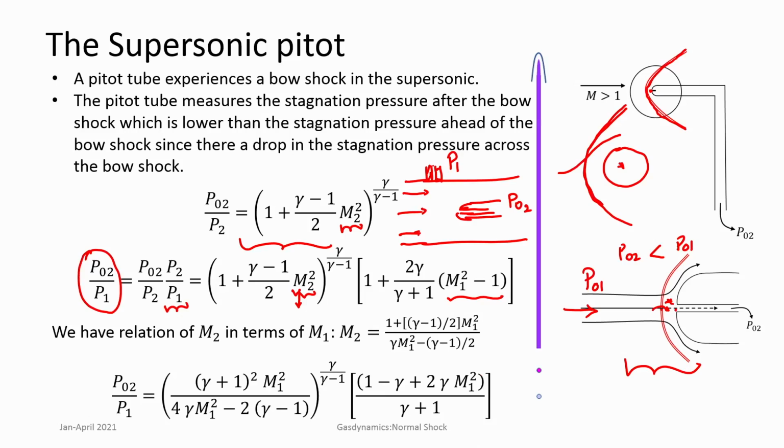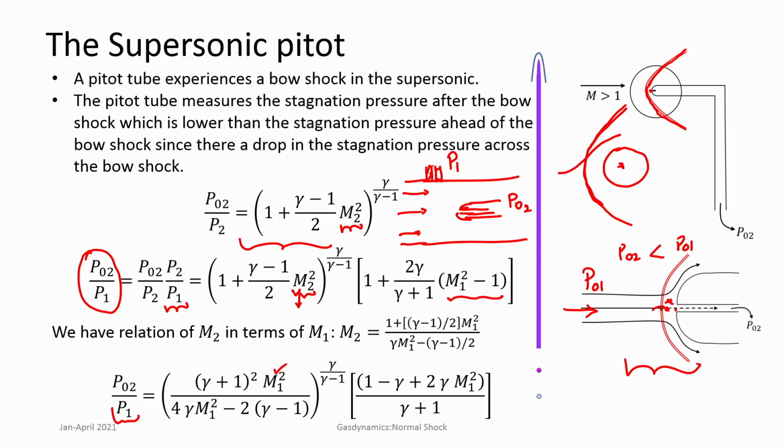This is known as Rayleigh's Pitot formula, and this formula is generally given in normal shock tables along with all the other equations and the pressure ratios and temperature ratios, because this is a very common measurement that is made, and we would like to know the Mach number. So, once you know P02 by P1, either by using the tables or by using calculators, we can get back the Mach number. So, this is the Rayleigh Pitot formula.